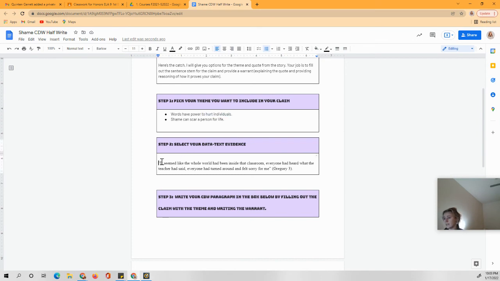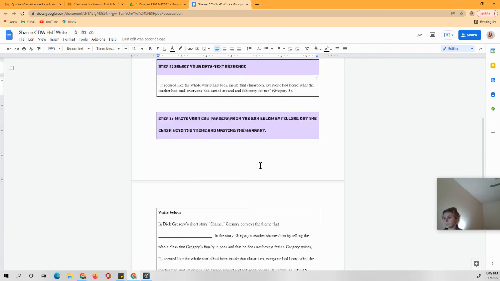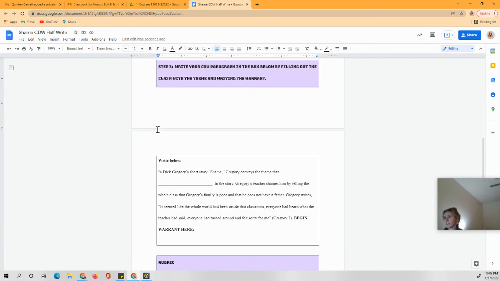Then I've already given you the quote I want you to use. So the quote is, "It seemed like the whole world had been inside that classroom. Everyone had heard what the teacher had said. Everyone had turned around and felt sorry for me." Okay. Next step. In the step 3 box, you are going to write below, in Dick Gregory's short story, Shame.